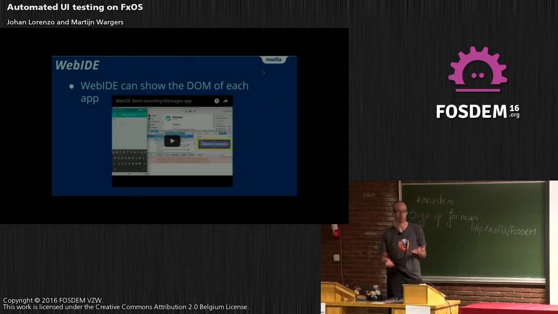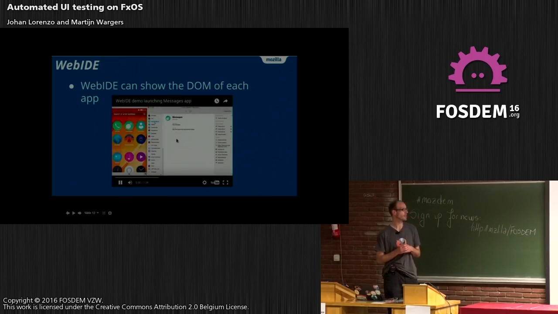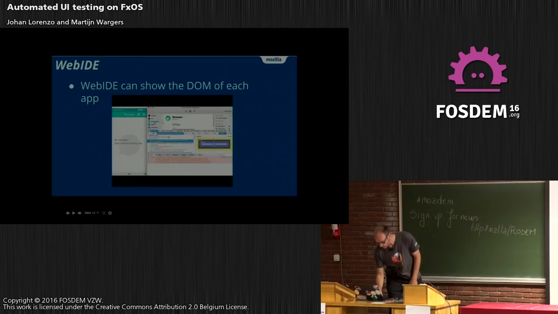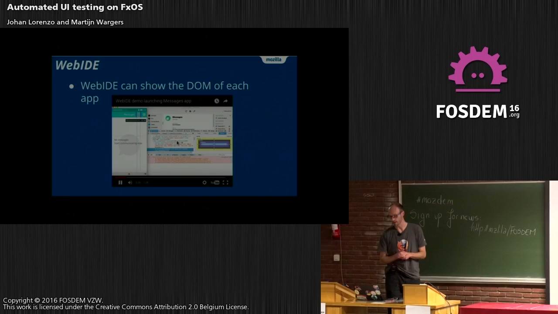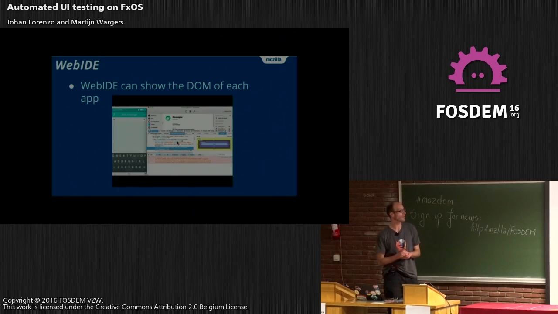So I can show you basically a demo of how Web IDE works. It's a very convenient tool to see basically the contents of the operating system. In this case, I'm starting up the SMS app, the Messages app, and now I'm using the click to find an element feature.